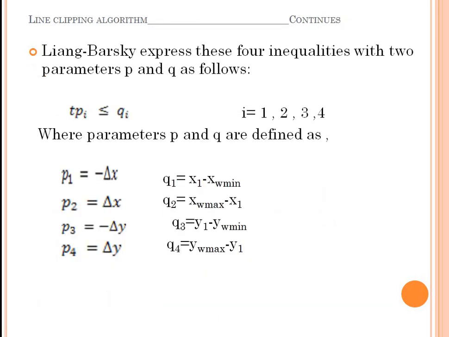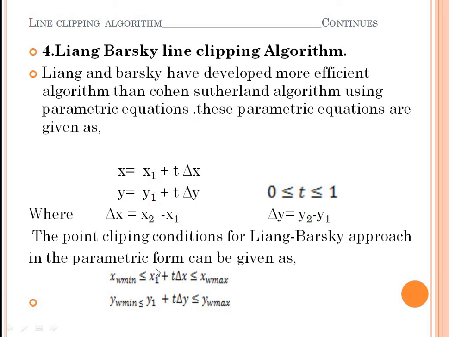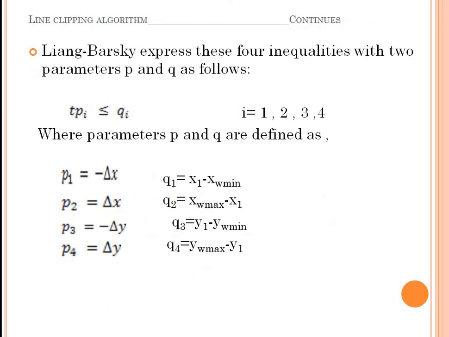Using these two inequalities, we convert them into four inequalities: xw minimum is less than or equal to x1 plus t into delta x, and xw maximum is greater than or equal to x1 plus t into delta x, and so on. So here t pi is less than or equal to qi.